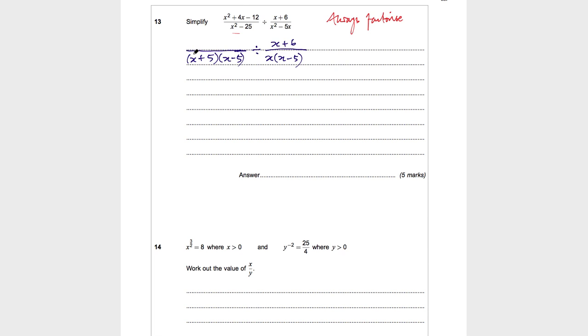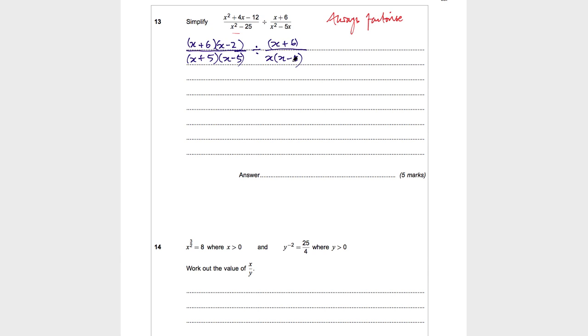Up here, I'm not sure what's going to come out of this. I need two things that multiply to minus 12 and add to 4. That's 2 and 6, so plus 6 minus 2. That's good. I've got x plus 6's and x minus 5's.